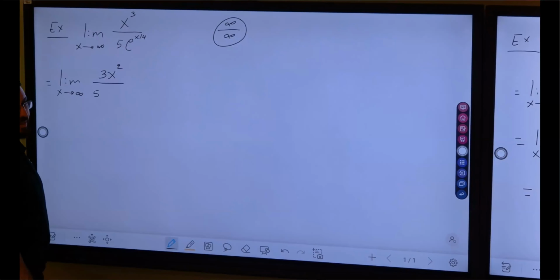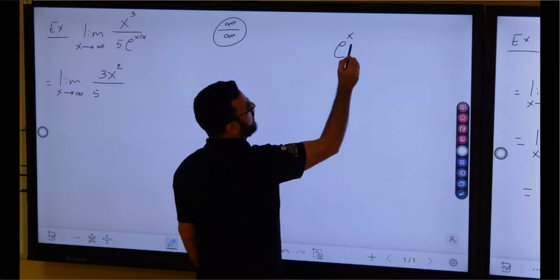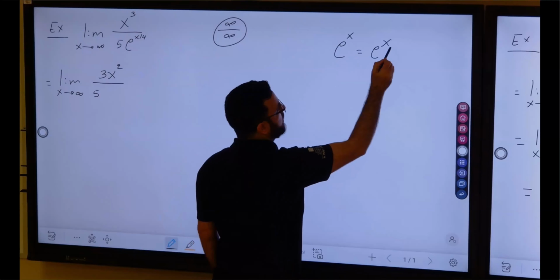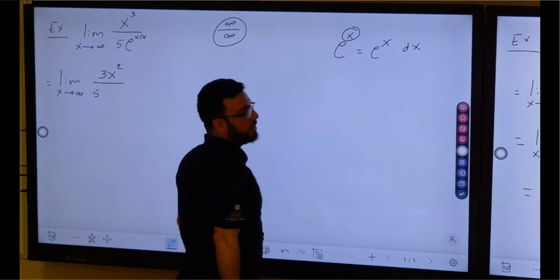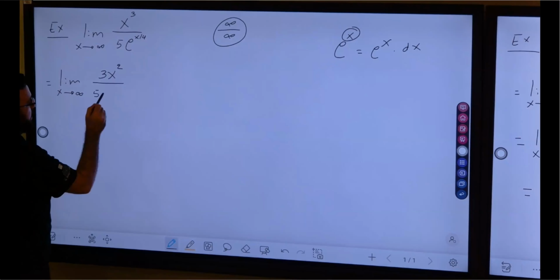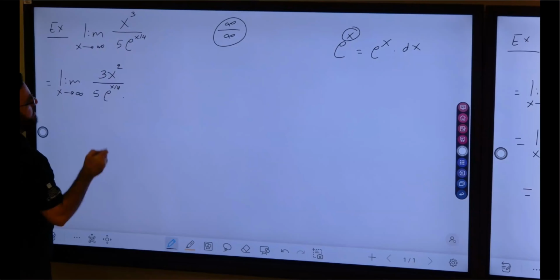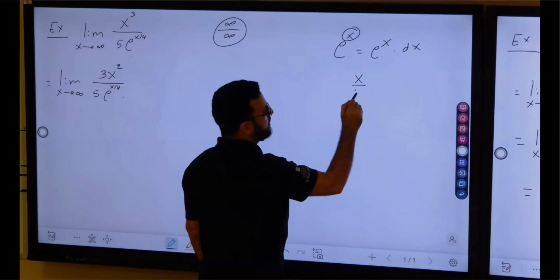Because the derivative of the exponential function e to the x equals the same function times the derivative of the exponent. So it's still the same, times the derivative of the exponent, the derivative of x over 4.